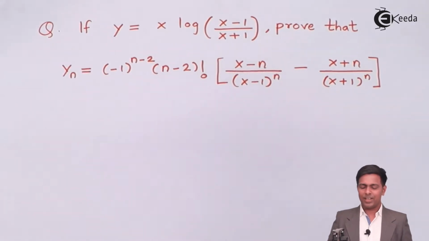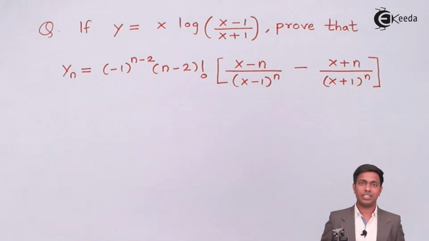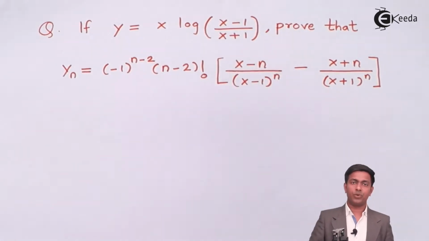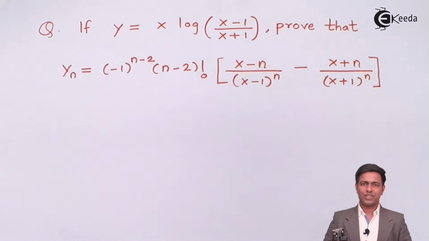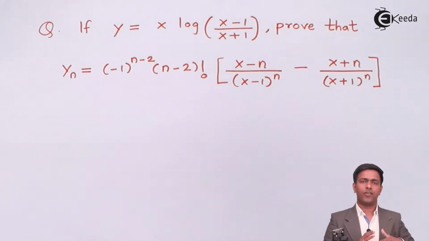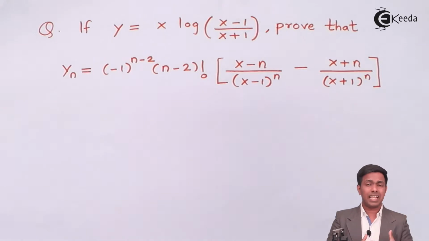Now guys, if you see the function, then it's a combination of logarithmic and algebraic function. So to get the nth derivative, that is y_n of this given function, we don't have any standard formula. So guys, what I'll do is, to find out the nth derivative, as we have seen in the theorem or the proof which I have covered in the previous videos, that whenever you want to find out nth derivative, we always find out first derivative, second derivative, third derivative, and then we predict what could be the nth derivative.